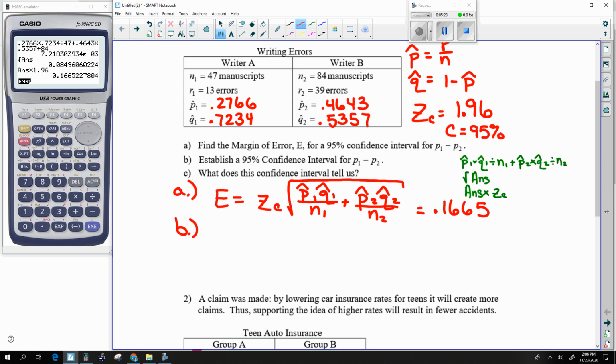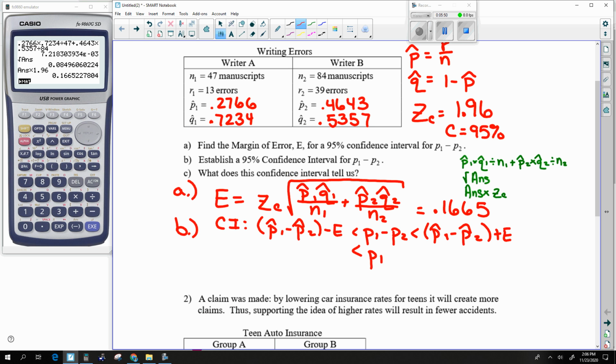Next is the confidence interval. So the confidence interval in this situation is p hat 1 minus p hat 2 minus e is less than p1 minus p2 is less than p hat 1 minus p hat 2 plus e. So this middle part stays the same.